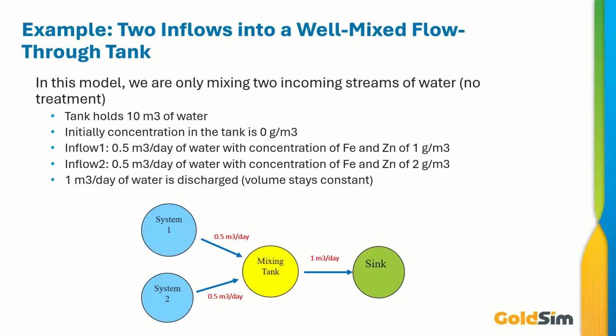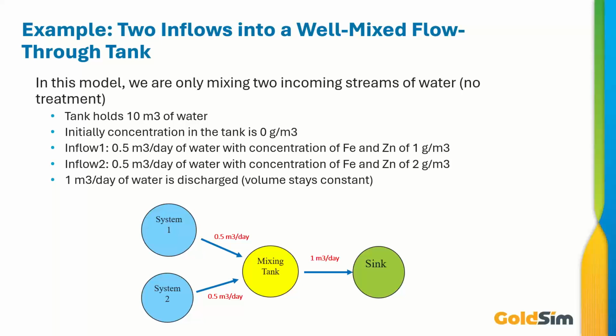In this simple model, the tank has a certain volume. It starts out at a concentration of 0. There are two inflows. There's inflow from one part of the system, we'll call system 1. It's one mixing cell. In the real world, it would be maybe an entire huge number of cells and pathways.